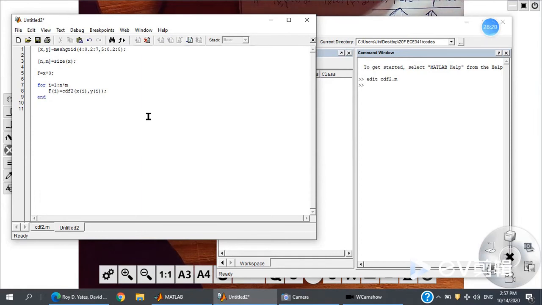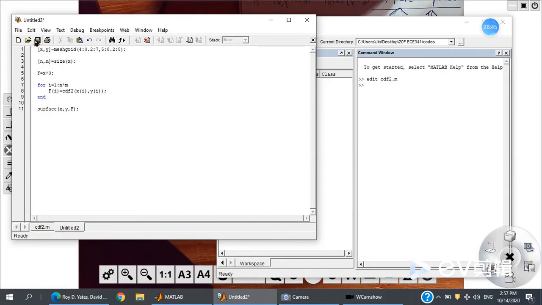Now I will display it, but now it is a function of two variables, so the function is a surface. One direction is X, one is Y, and one direction is F. Okay, that should be the result.